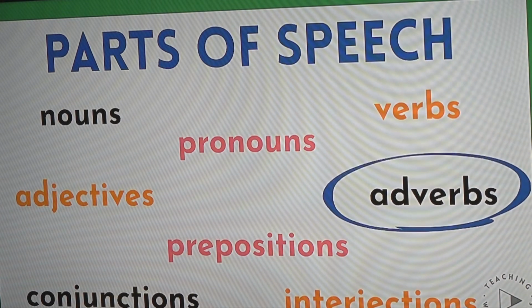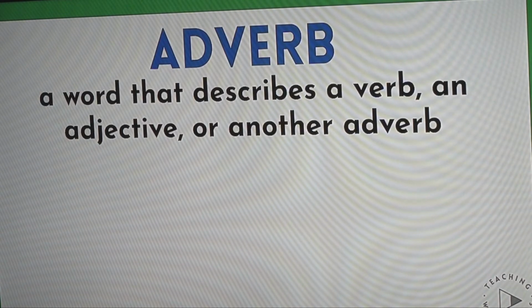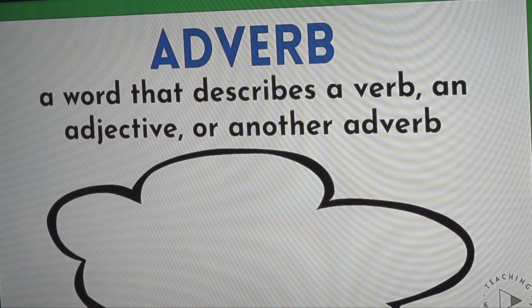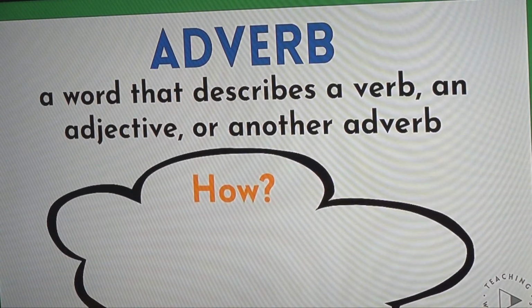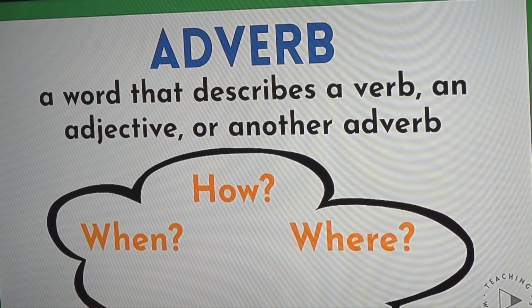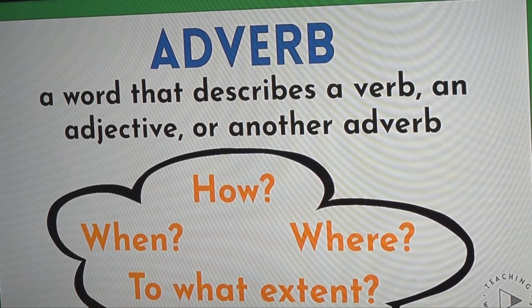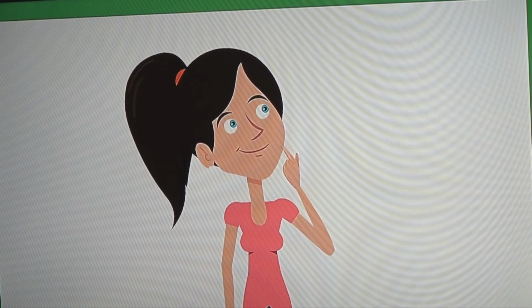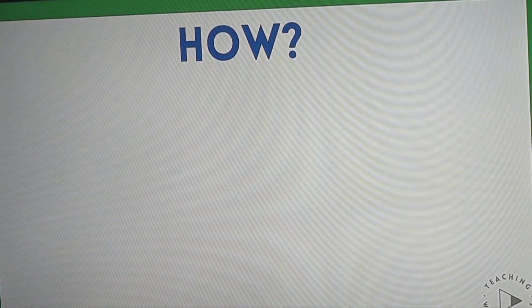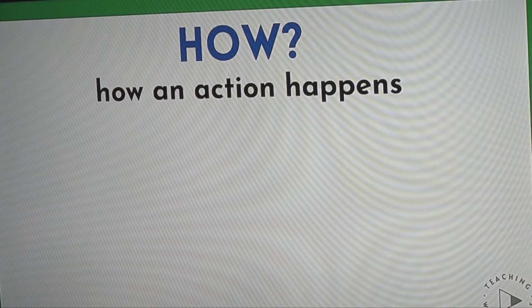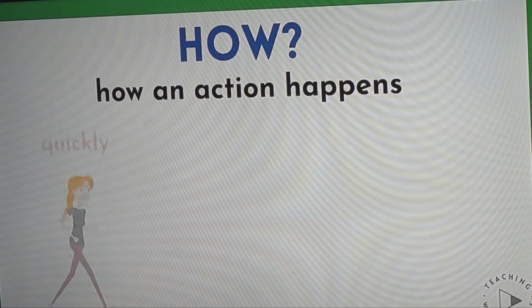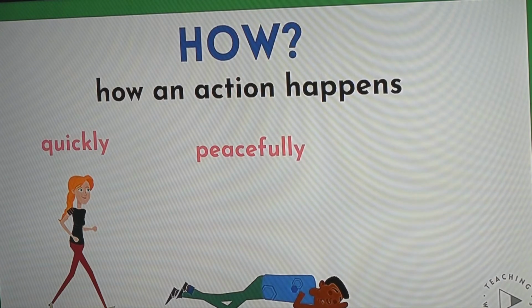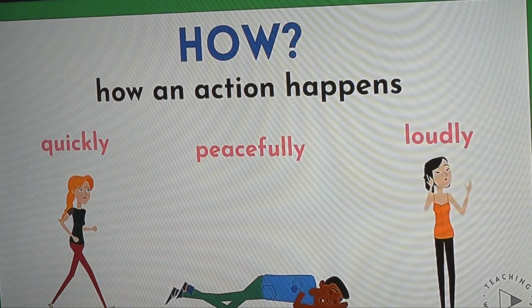So, what's an adverb? An adverb is a word that describes a verb, an adjective, or another adverb. Adverbs often help answer the questions how, when, where, and to what extent. Let's look at some of the different types of adverbs and learn how we use them. Many adverbs describe verbs by telling how an action happens, like quickly running, peacefully sleeping, or talking loudly.